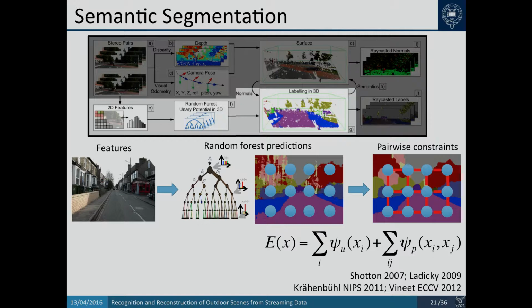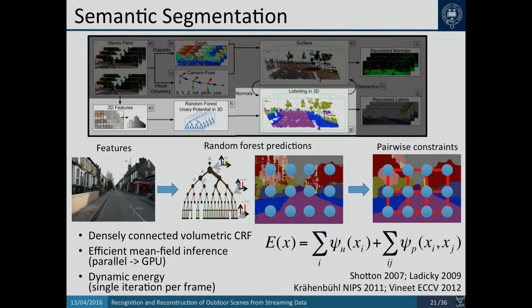We use this to enforce the structural constraints between the neighboring voxels in a clique. And because we need an algorithm that will work in real time, we also need very efficient inference. So that's why we use mean field inference, because it is quite easily parallelizable on GPU and very fast.